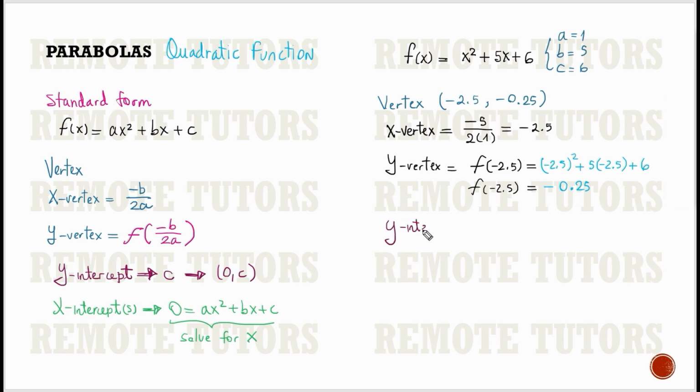Next, the coordinates of the y-intercept are (0, 6). Don't forget that the constant gives the value of the y-intercept. And last, the x-intercepts are found when we replace f of x by 0.